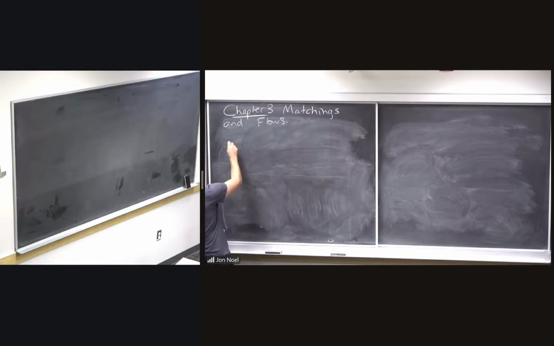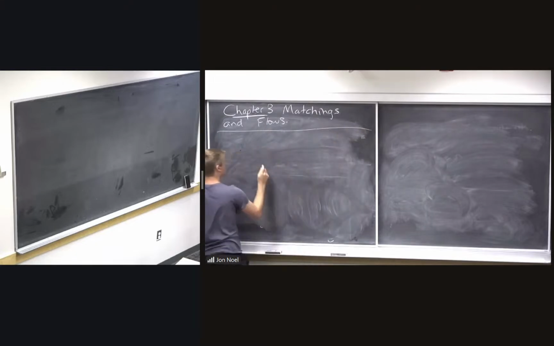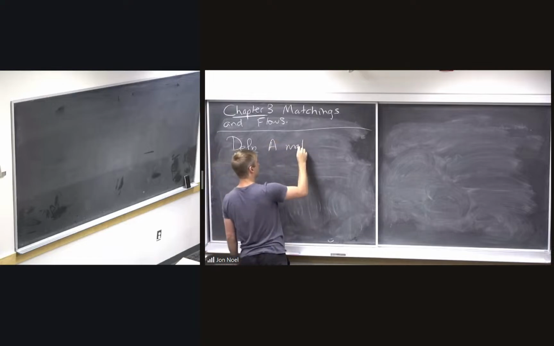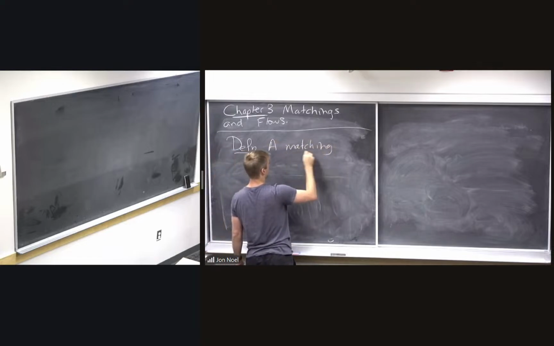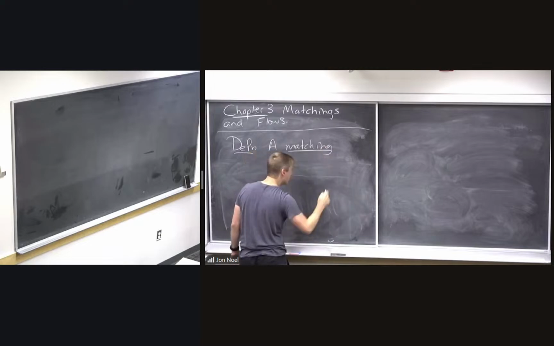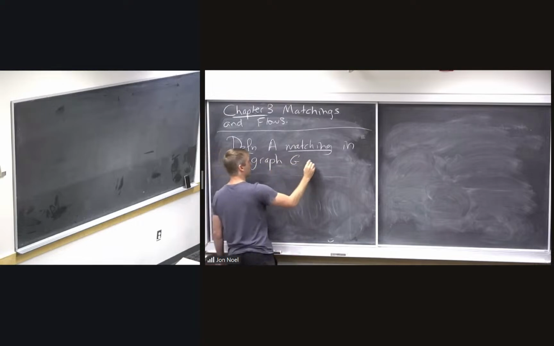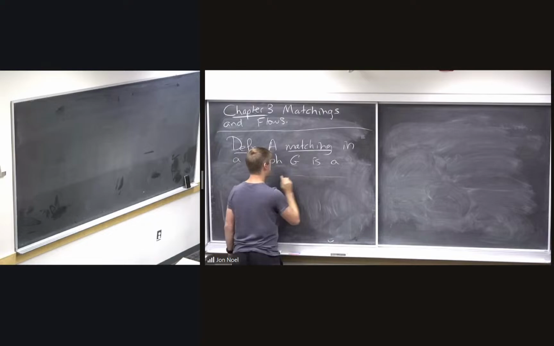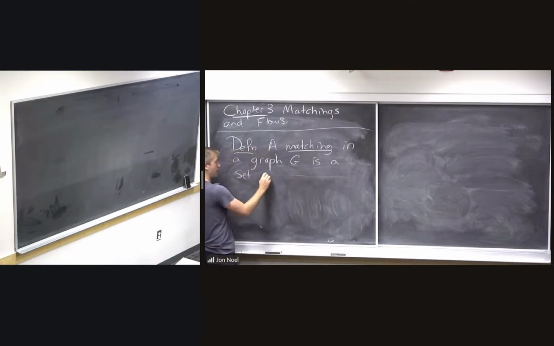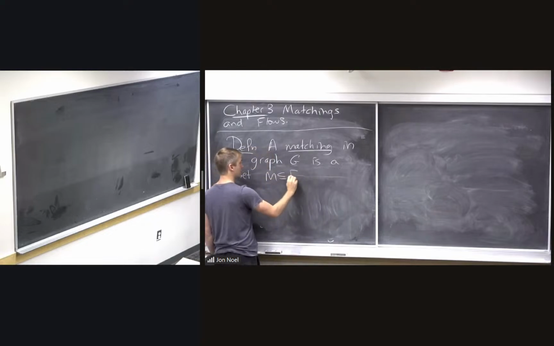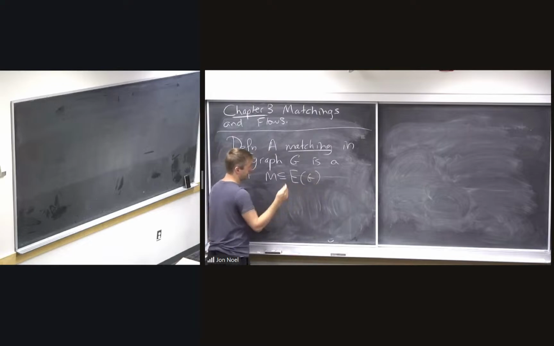So in case you're not sure what a matching is, let me define it. A matching in a graph G is a set M. I think I already defined this earlier in the course, but here's just a refresher.